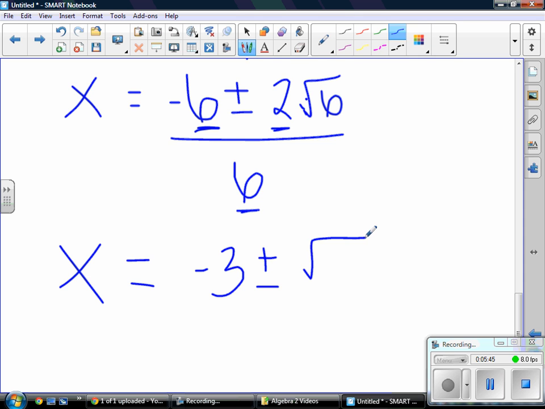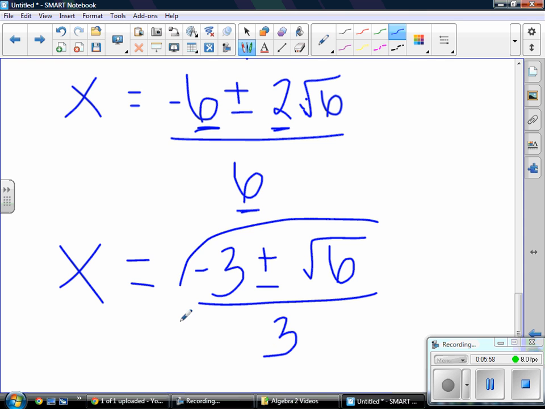So I have 1 times the square root of 6, or just the square root of 6. 6 divided by 2 will leave me with the 3. So this will be your final answer in the book. Okay, so remember I have plus or minus, so if I did have to graph this, I should have had 2 x-intercepts because of the plus and minus. Okay, so that's finding the x-intercepts.